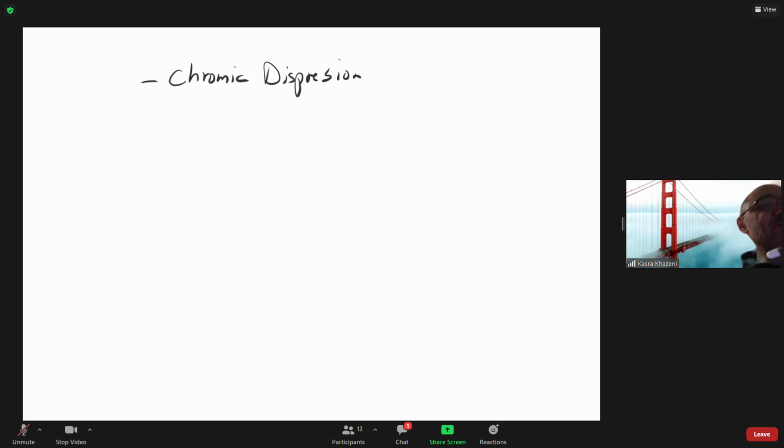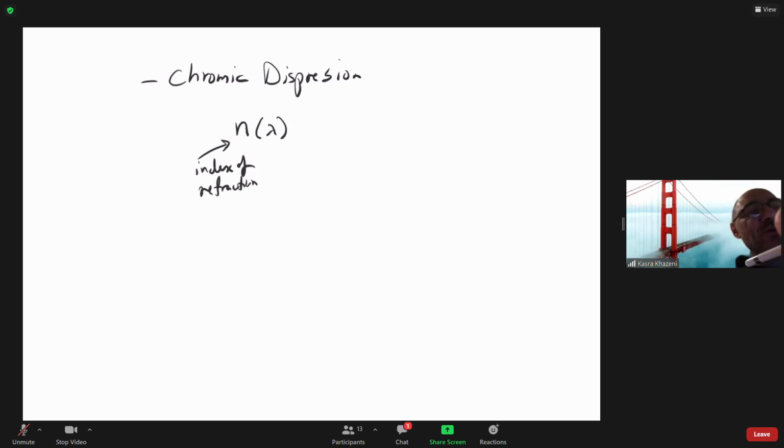Chromatic means colors, and dispersion means spreading. So what this really means is that the index of refraction of any material is actually a function of wavelength.